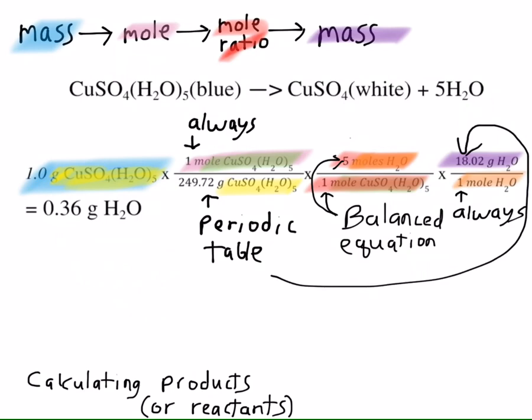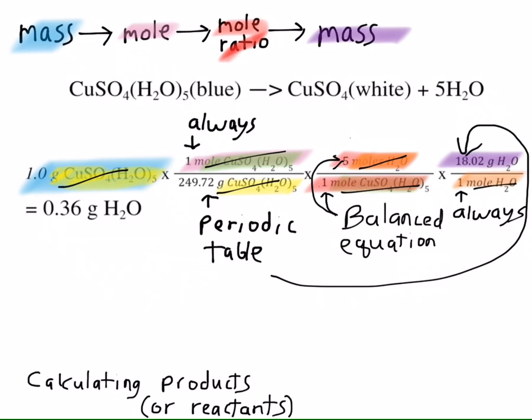So the steps always go like that: mass, mole ratio, mass. If you let the units help you, you can see how they cancel out, and that can guide what goes on the bottom of the next fraction. Then if you just memorize mass, mole ratio, mass, then you'll know what goes on the top of each fraction.